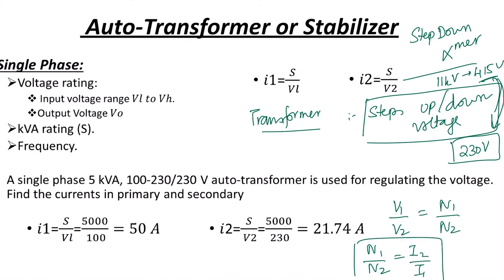So if you are given V1 and V2 and the turns ratio N1 to N2, you can calculate this. Or if the turns ratio and one of the voltages is given, and you are asked to find the other voltage, you can easily find it from the formula.